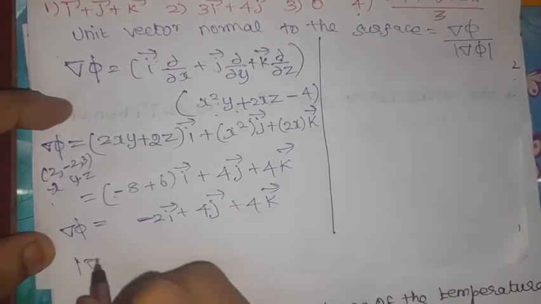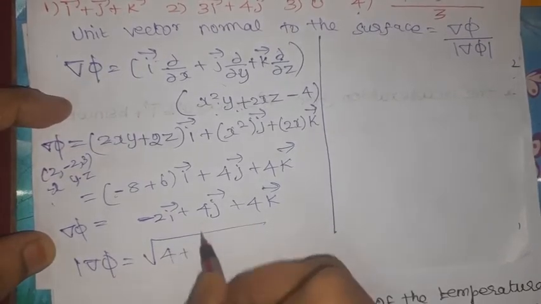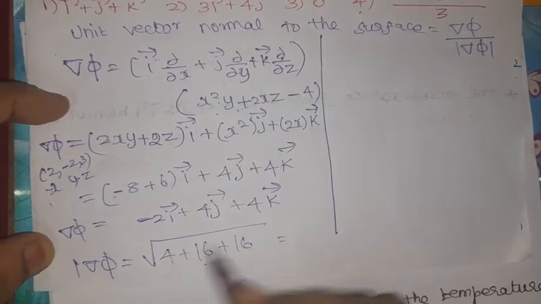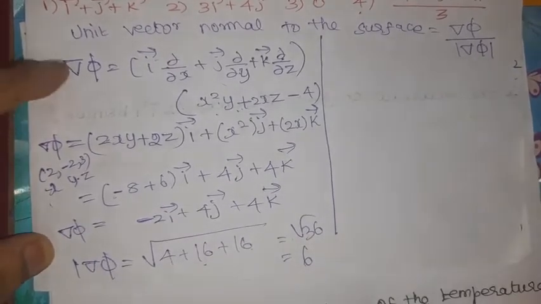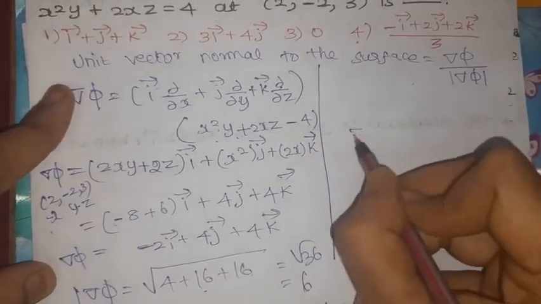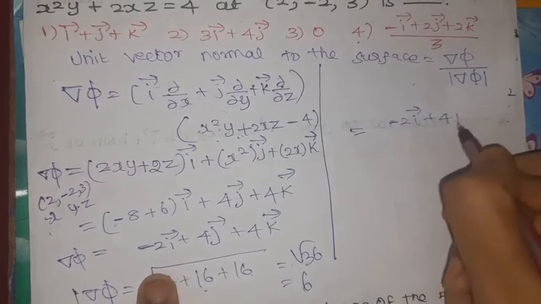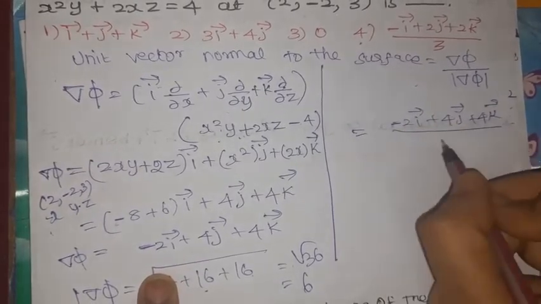Then what is the magnitude of del phi? 4, 16 plus 16, so 32, 36. Square root of 36 is equal to 6. Just substitute in the formula del phi by mod del phi: minus 2i plus 4j plus 4k divided by 6.